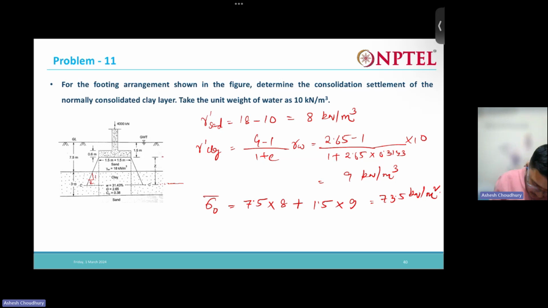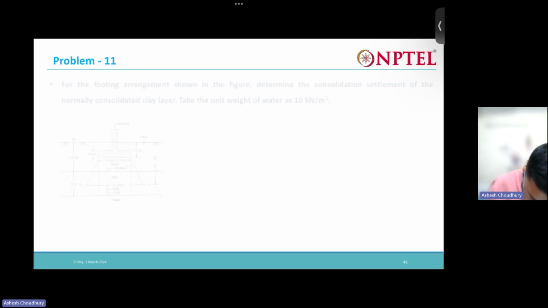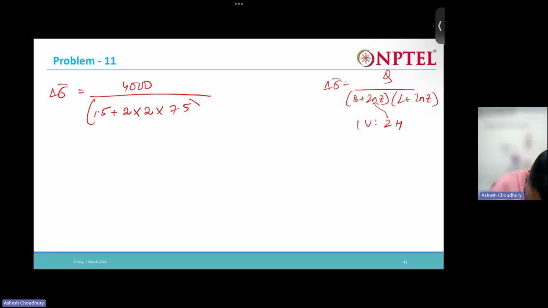So this distance is 7.5 minus 1.5, meaning 6 meters, 6 also 7.5 only, right? So into 7.5 squared, as it is a square footing. So this one will come out as 4.03 kilonewton per meter square. Okay, just check the values yourself once.